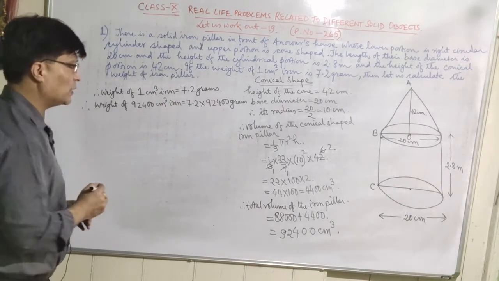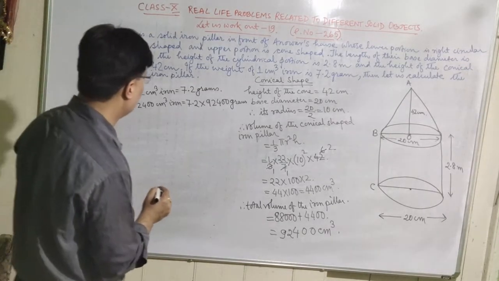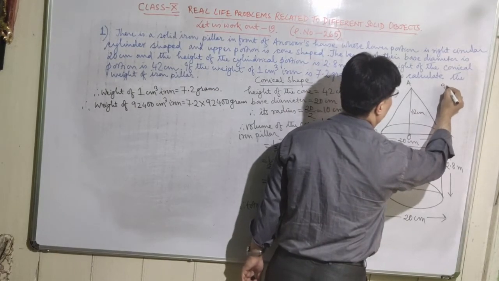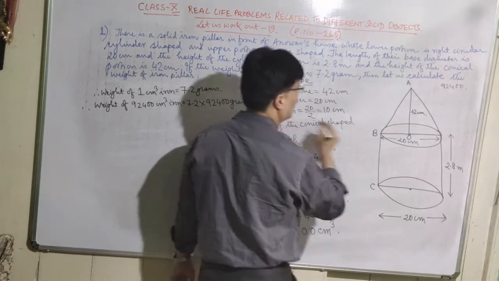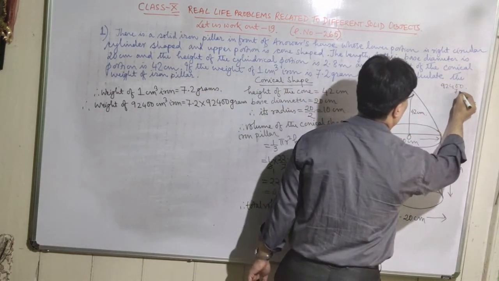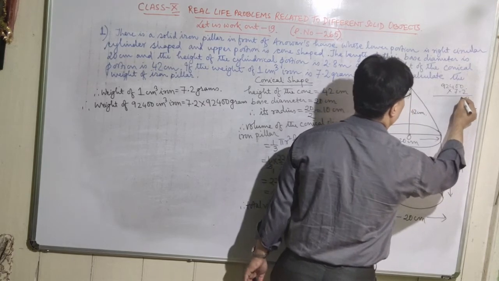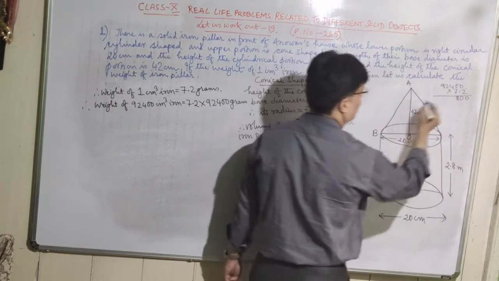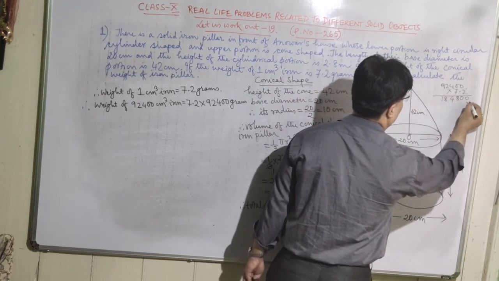Okay. So let us multiply here. 92,400 should be multiplied by 7.2. So let us multiply here. 2 zeros are 0, 2 zeros are 0, 2 fours are 8, 2 twos are 4, 2 nines are 18.